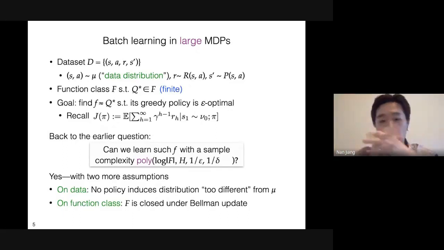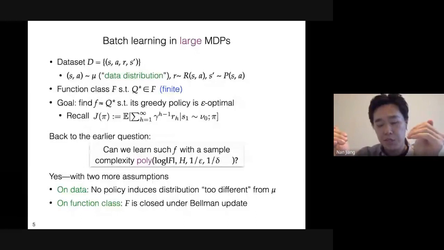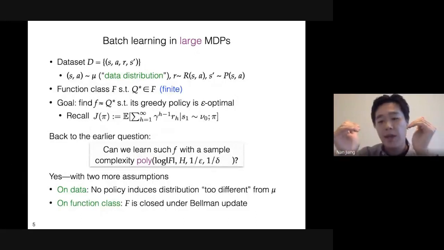So in the rest of this talk, I'm going to look into these assumptions, see what they mean, and try to remove them and see if I can prove an exponential lower bound against learning, which will tell us that we really need these kinds of assumptions.